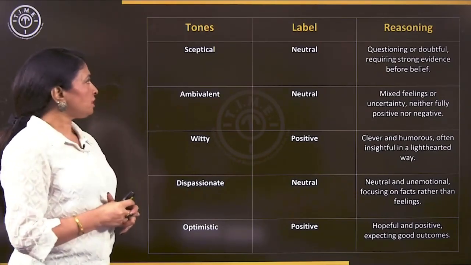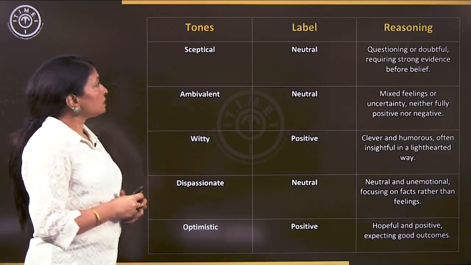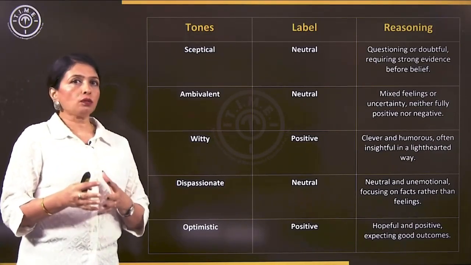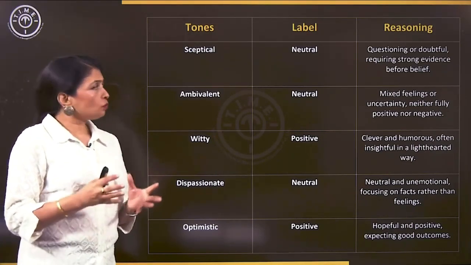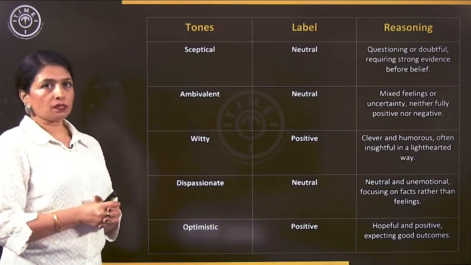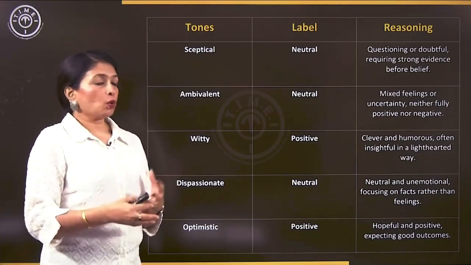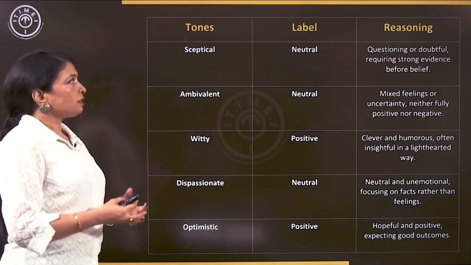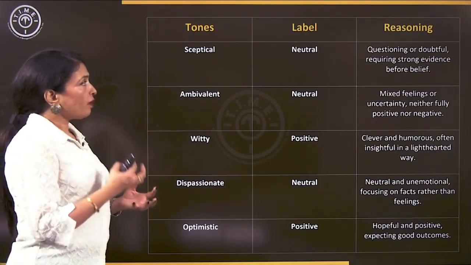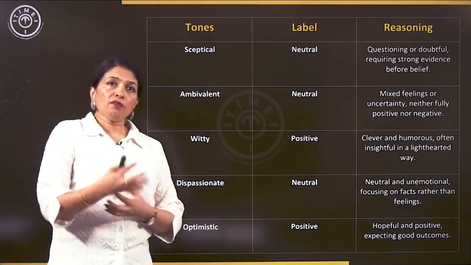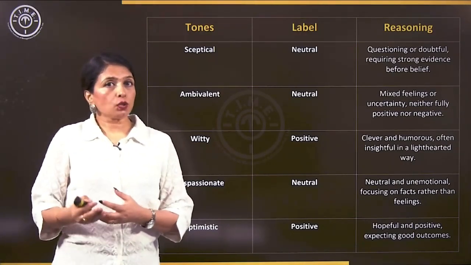So, we have skeptical, and I told you that skeptical is when the author has no clarity. So, this is considered from a tone perspective to be a neutral tone because it questions, or it is doubtful, and it seeks strong evidence before believing something as being either correct or wrong.